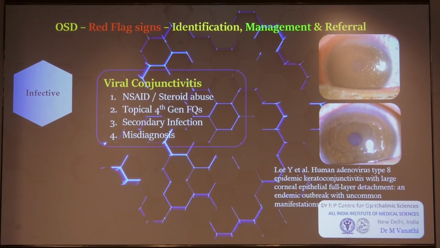So overuse or abuse of fourth generation fluoroquinolones will be specific risk factors associated with large epithelial detachments when you're using them over a long period of time.